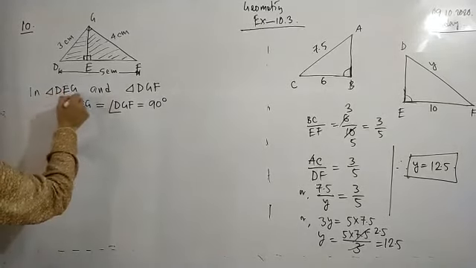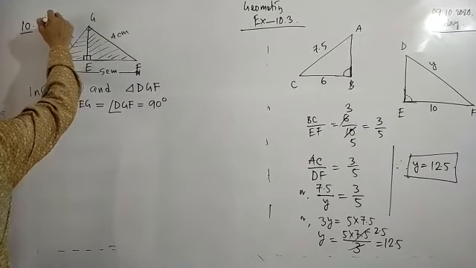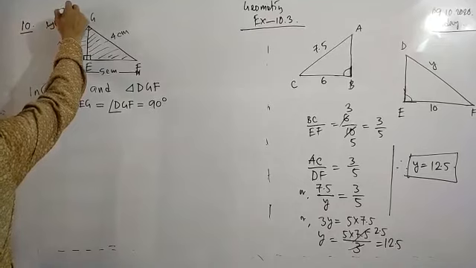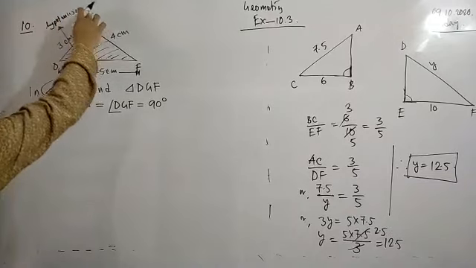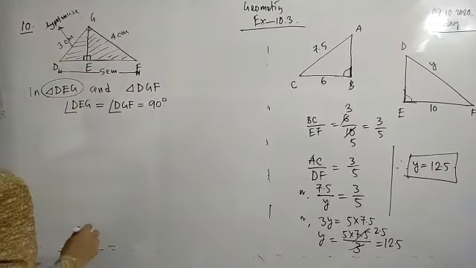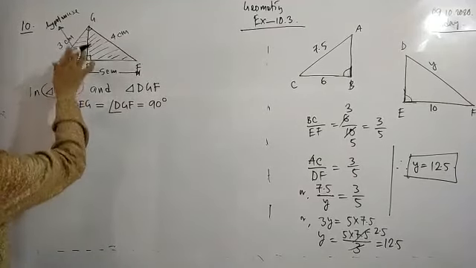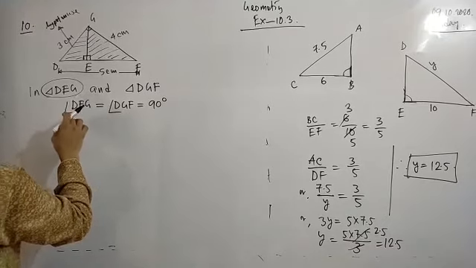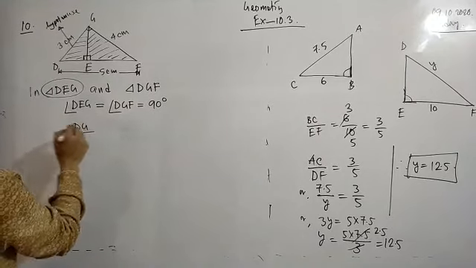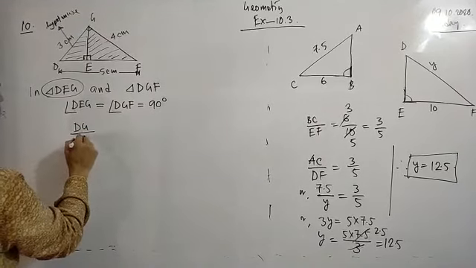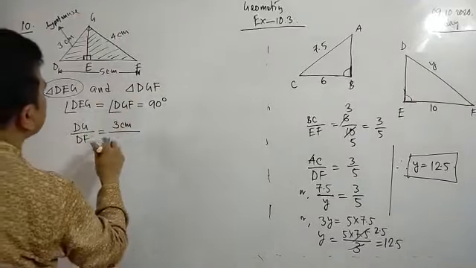For this triangle, this one is the hypotenuse, and for the big triangle, this one is the hypotenuse. So we are taking the ratio of hypotenuse. First DEG, the small triangle. We are taking DG with DF. DG is 3 centimeter and DF is 5 centimeter.